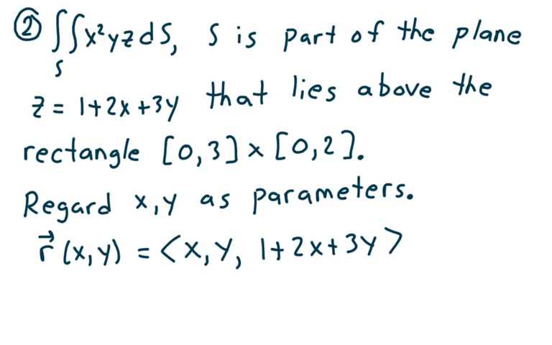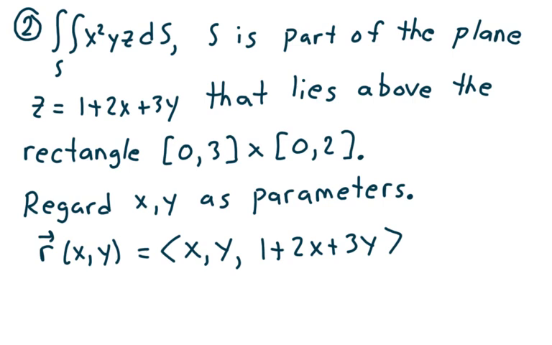Now, we're going to regard x and y as my parameters, and we're going to define our vector valued functions. So we're going to parameterize the surface. And so r of x, y is equal to the vector where the first component is x, the second component is y, because remember, x and y are my parameters.